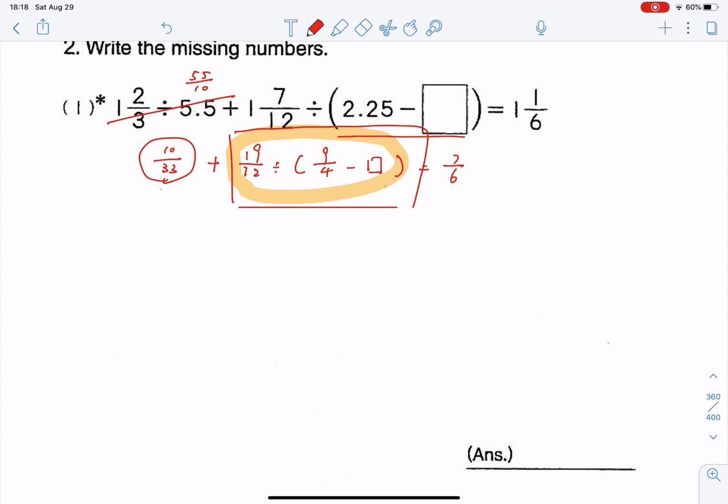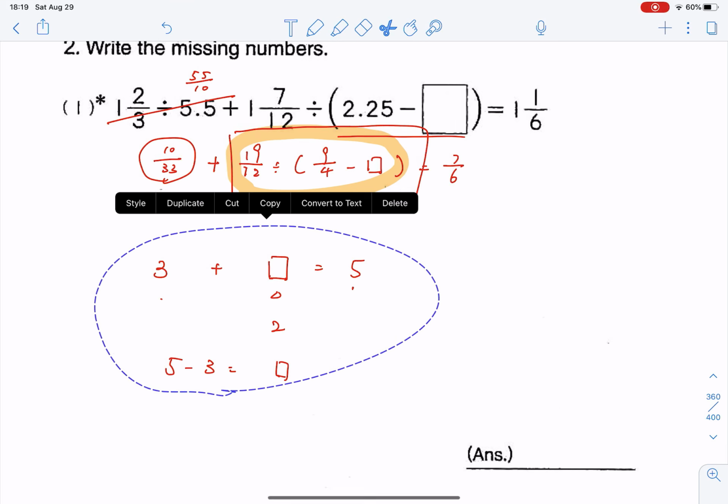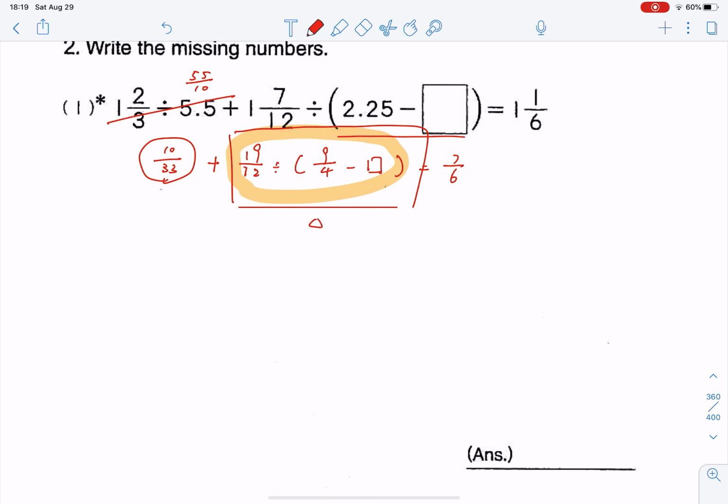Does that mean it's kind of like this? 3 plus a bracket is equal to 5, I'm just making up random numbers, by the way. And what is the box? Apparently this is 2. Why? Because we used 5 minus 3. Remember what we talked about in the beginning of the pages? It's the same ideology. We're trying to solve for the big box over here, so then I can tackle it down step by step.